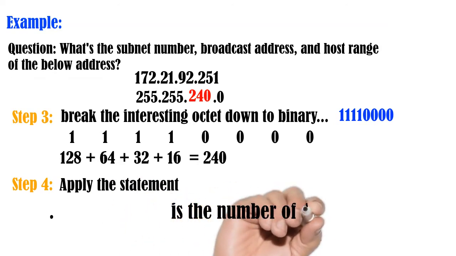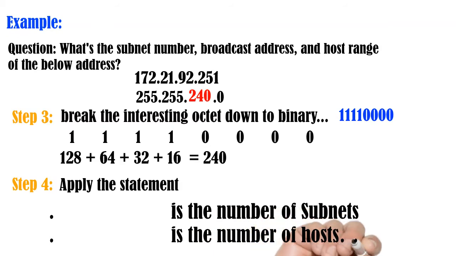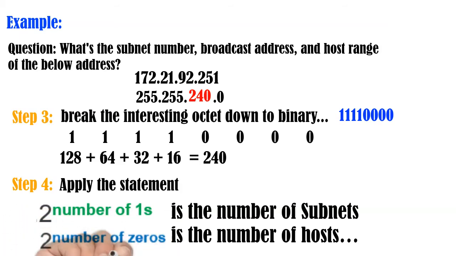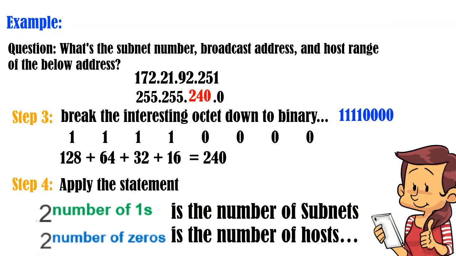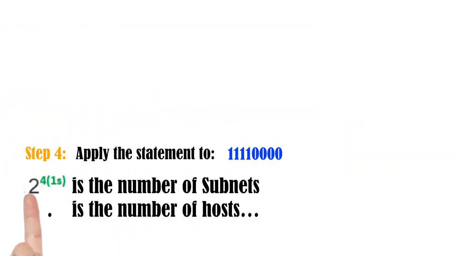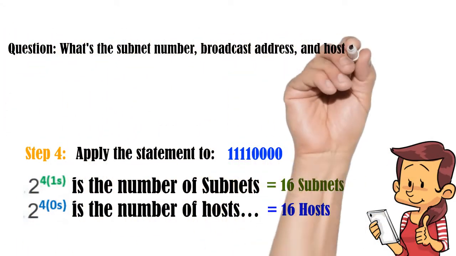I use that from the table that we made earlier in the basics. So applying the statement, 2 to the number of ones equals the subnets and 2 to the number of zeros equals the hosts, I can calculate that 2 to the 4, the number of ones, equals 16 subnets, and 2 to the total number of zeros, which is 4, is 16 hosts.